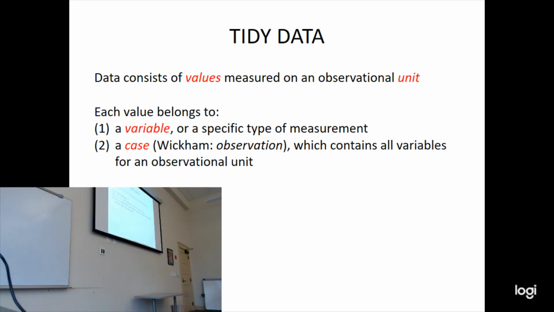If you have people separated by conditions, condition could be one of those variables. So it's another element of structure. We have certain sets of values that go together because they're all about one observational unit, one person. We also have certain sets of values that go together because they're the same type of measurement.